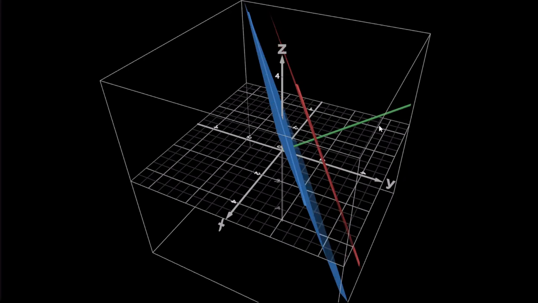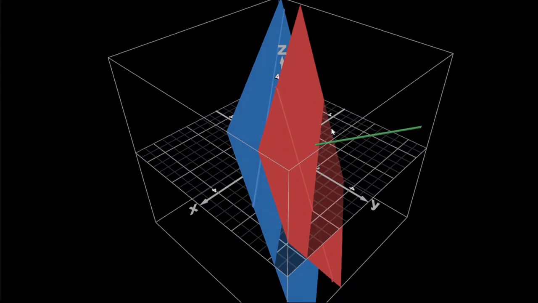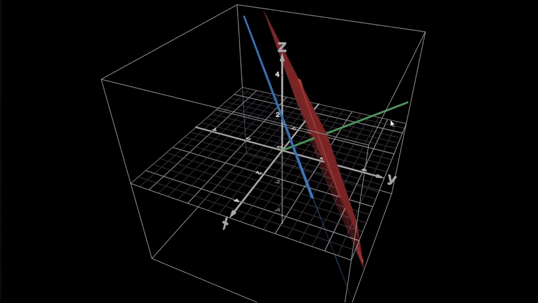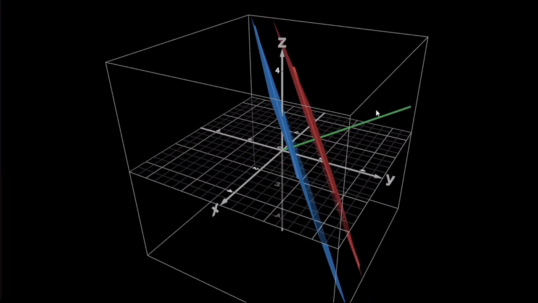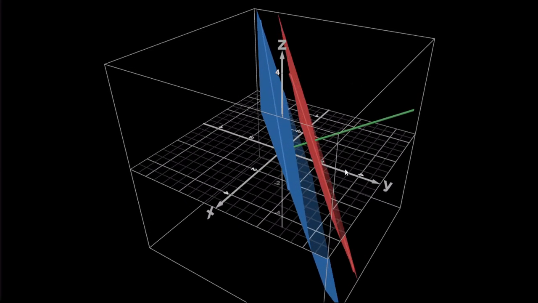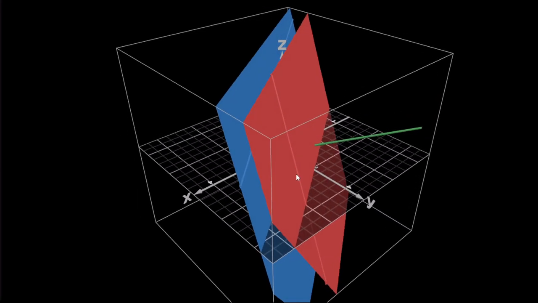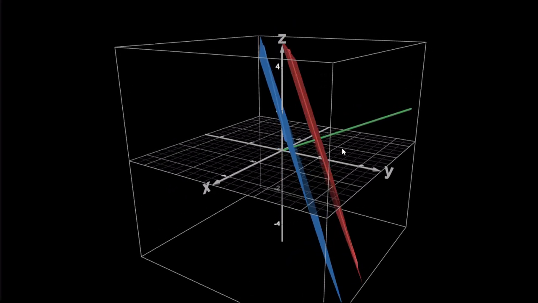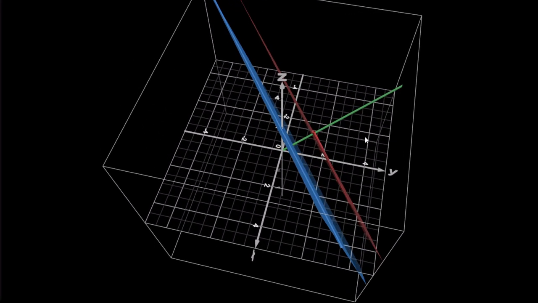The red plane is a plane that contains that red line. The blue plane is the plane that contains the blue line. And both planes are defined by the normal vector, that green vector there. Well, if that's the case, then it's pretty clear that from this perspective, these two planes are going to be parallel, which means that there is a perspective from which the two lines are also parallel.